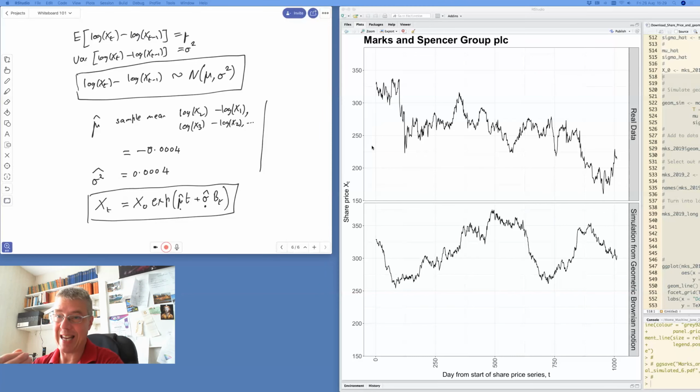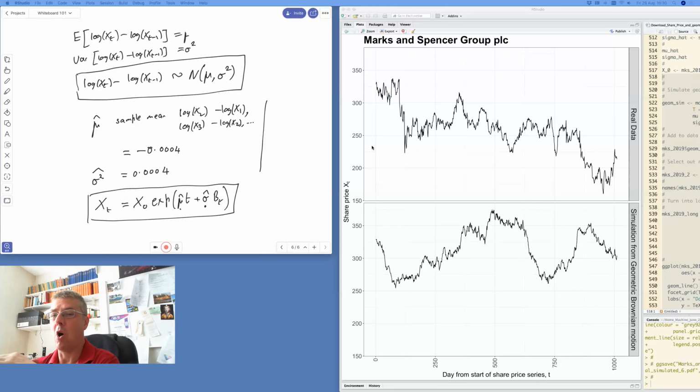And then we used the exponential of Brownian motion with drift to form another process called geometric Brownian motion, which is the standard model for share price behavior. Now, of course, it's not a perfect model. And just like we saw with the first graph, where we had the effect of the COVID pandemic, sometimes the model doesn't work particularly well.